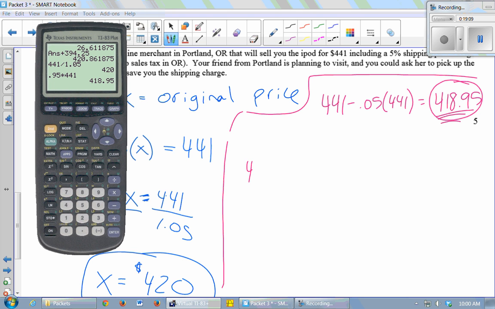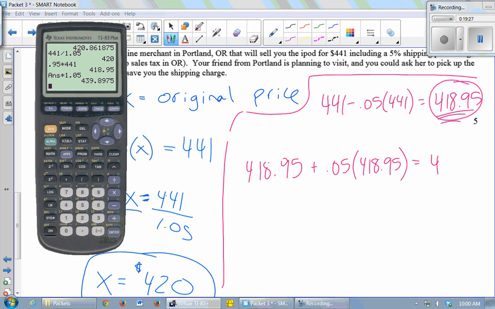So if I do 418.95 and add 5% of 418.95, right, times 1.05 to increase that by 5%, it actually comes out to 439.90, not 441. So that can't be the original price of the iPod. And it's all about which number you took 5% of, right? 5% of the original price and 5% of 441 are going to be two different numbers.